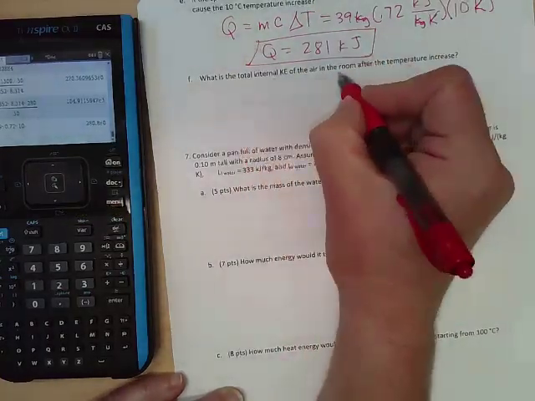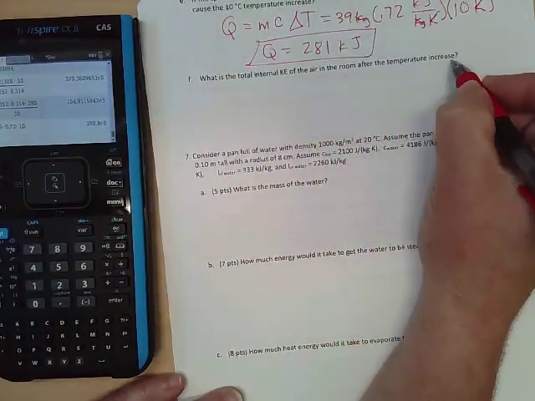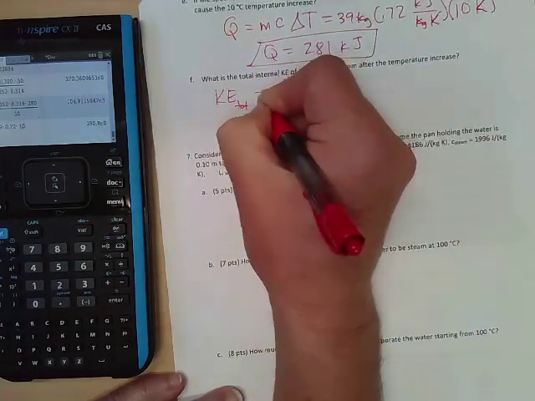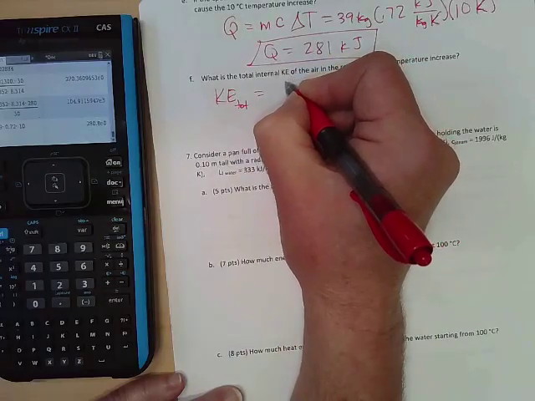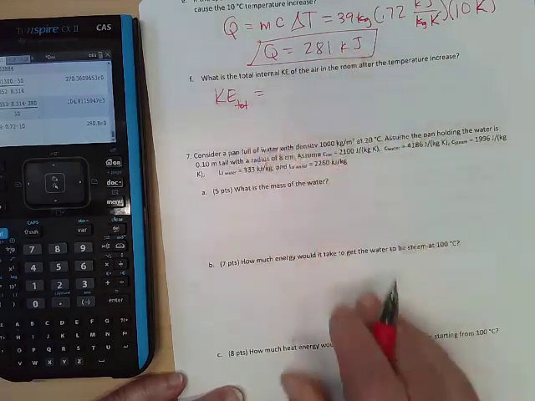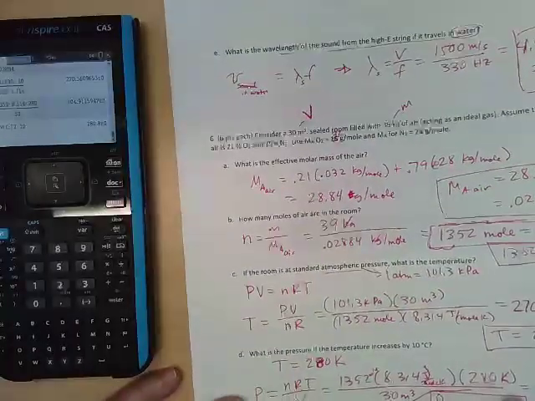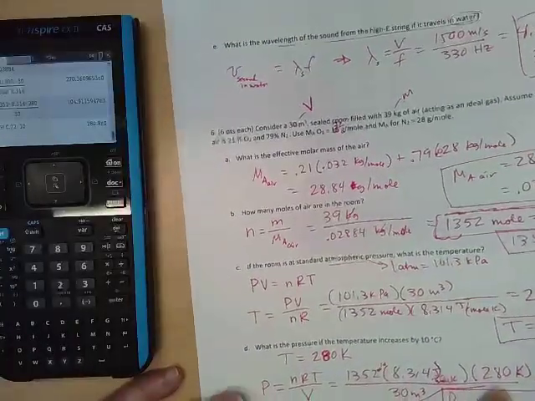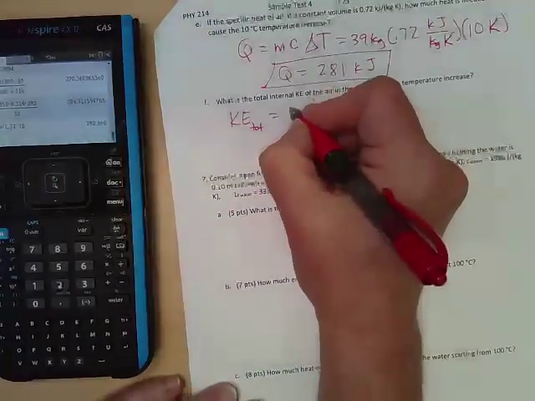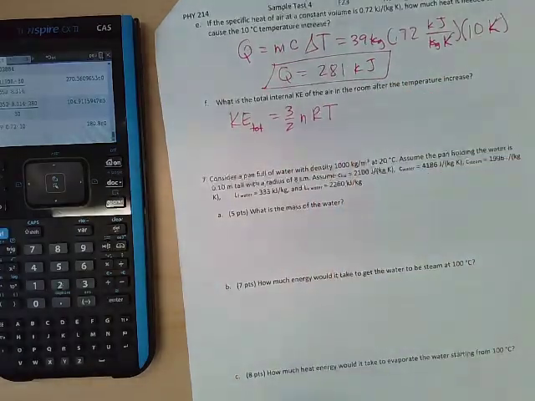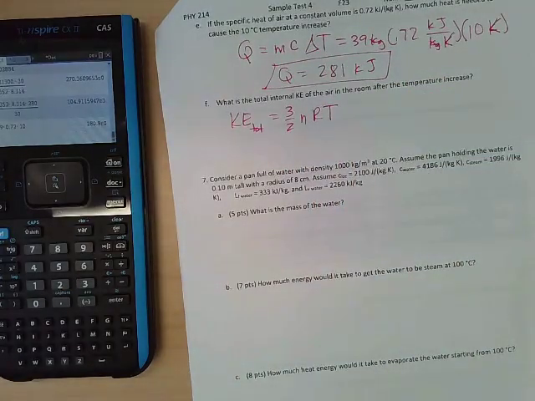What is the total internal energy of the air in the room after the temperature increase? So we've got our KE total is, we got a couple formulas for it, but we don't have capital N, we have little n, so let's use the 3 halves in our T version. Double check. Yep, okay.